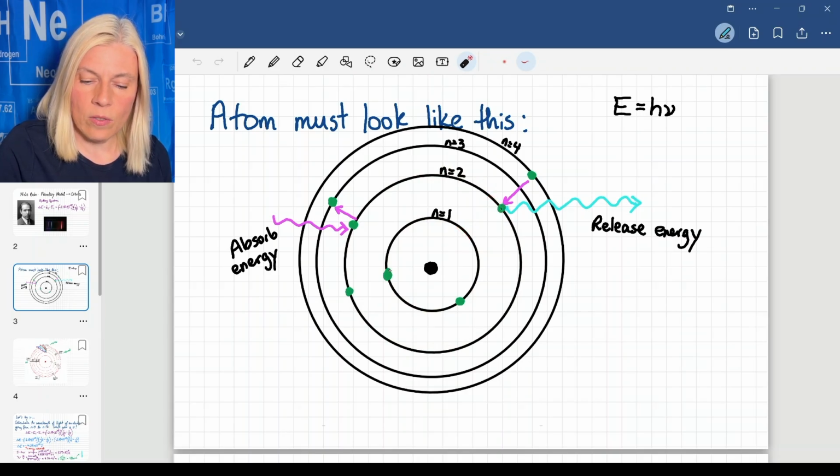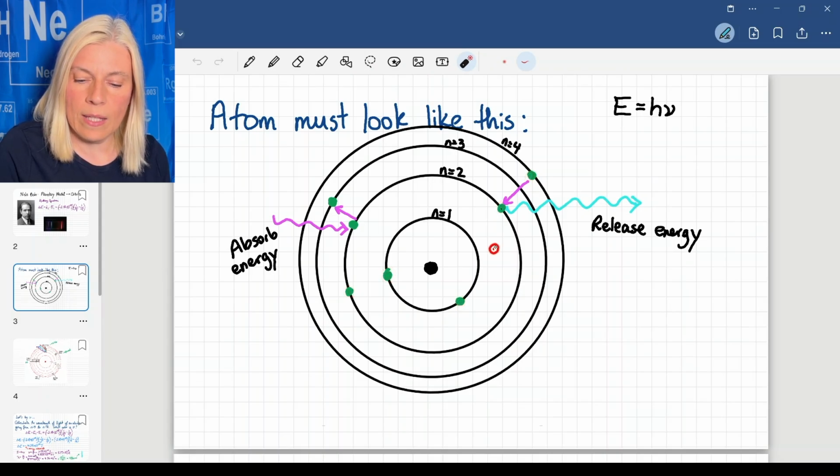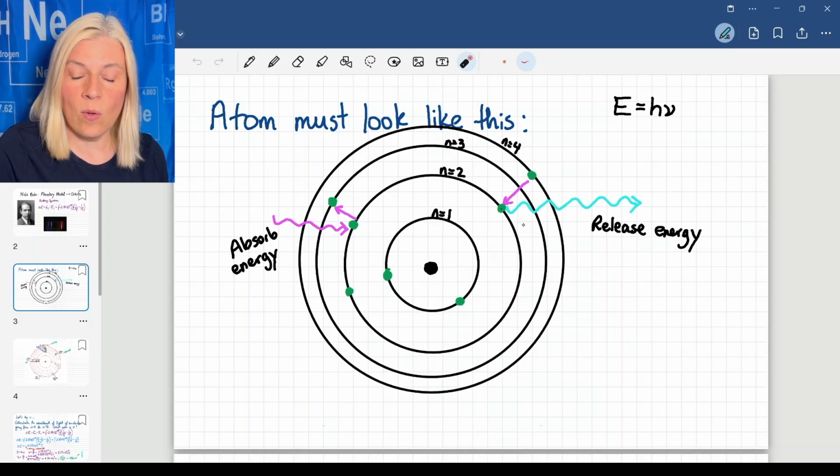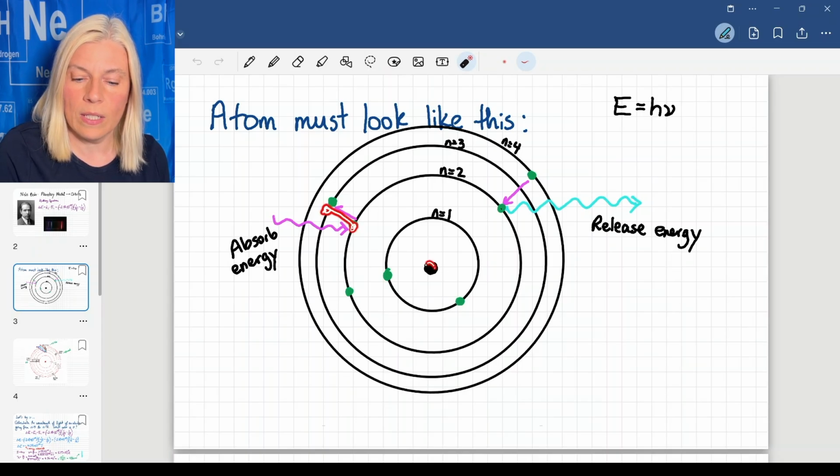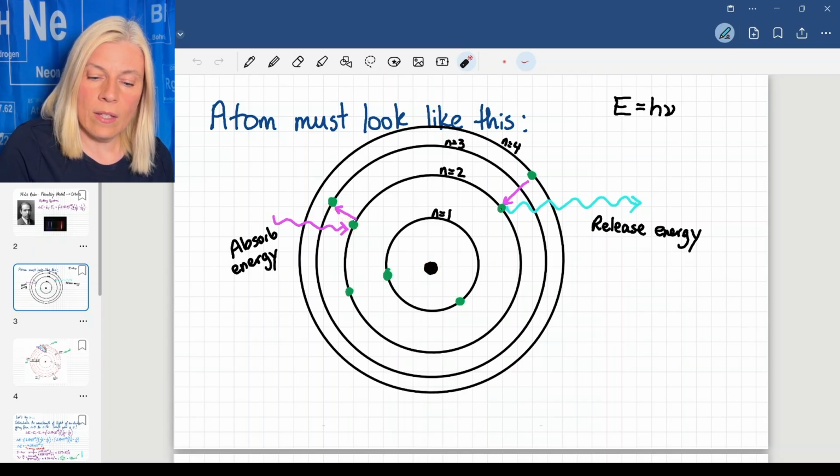And electrons, which I have as little green dots, can only sit on these specific orbits. An electron cannot be anywhere between these orbits, so it's not possible. Now, if an electron absorbs energy, it can jump from a lower energy to a higher energy, from a lower orbit to an orbit farther away from the nucleus. So the electron can move to an excited higher orbit.